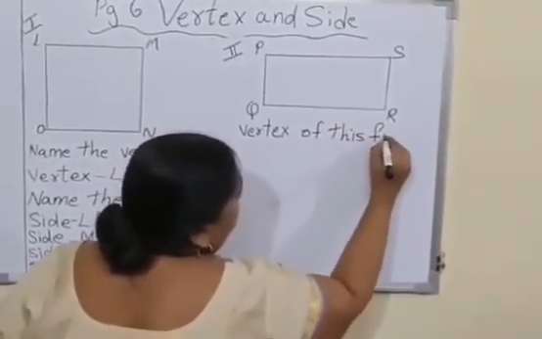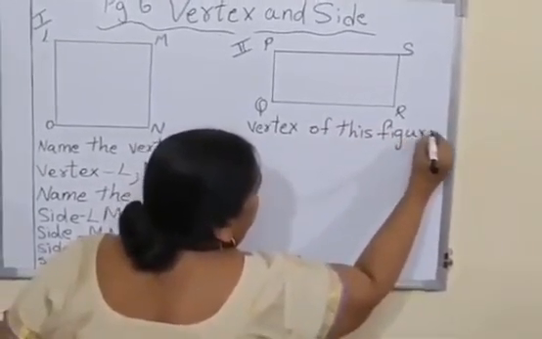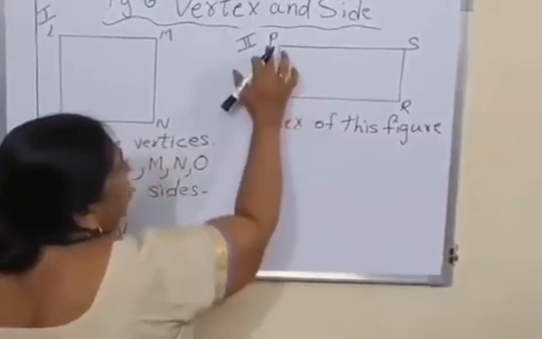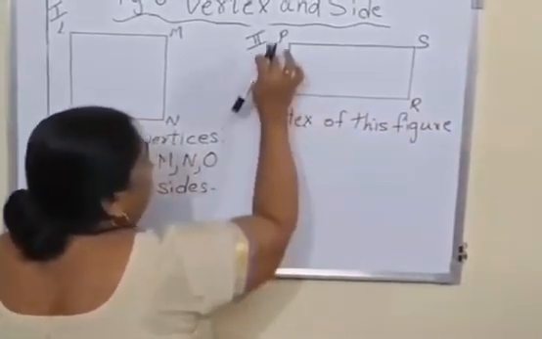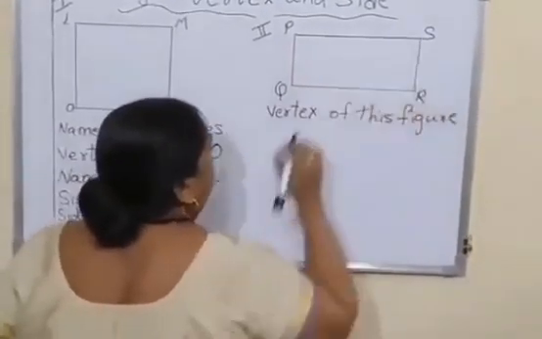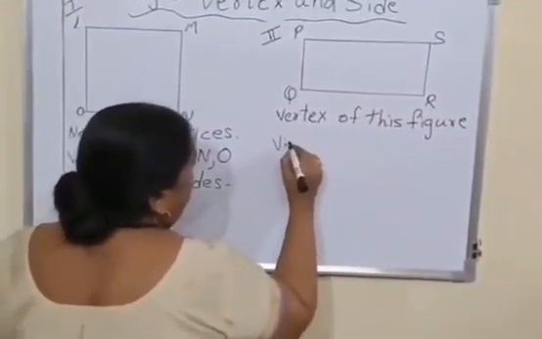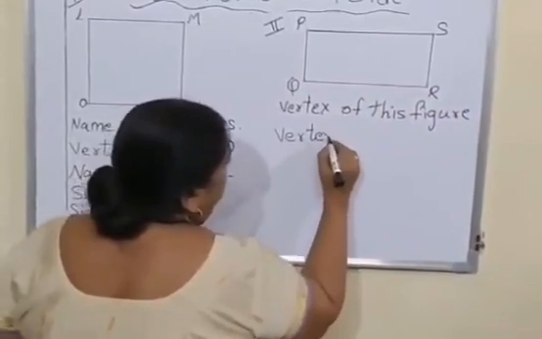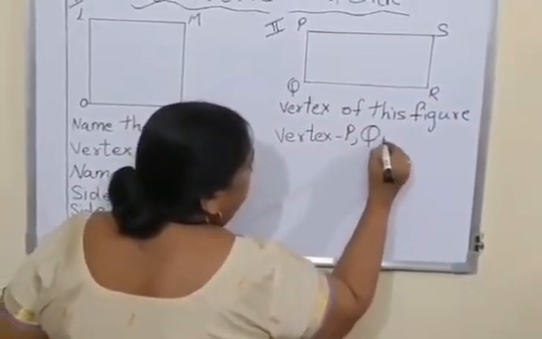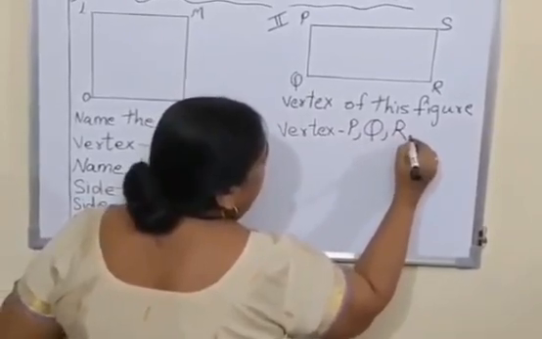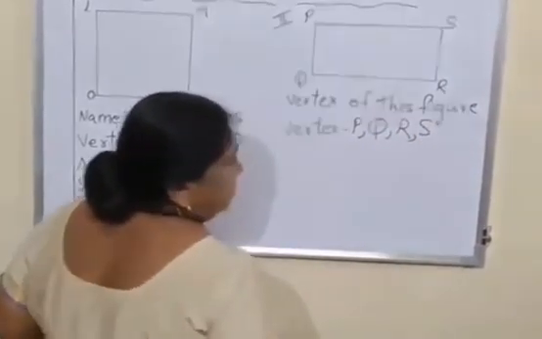What is the vertex here now? P, S, R, Q, or P, Q, R, S. Any way you can write. So vertex, here you will write vertex. Then you write P, comma, Q, comma, R, comma, S.